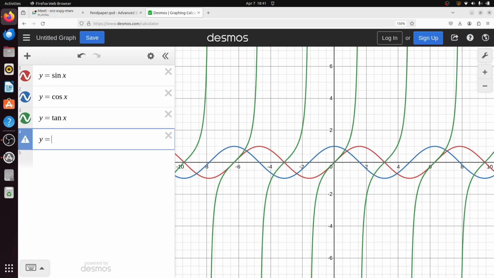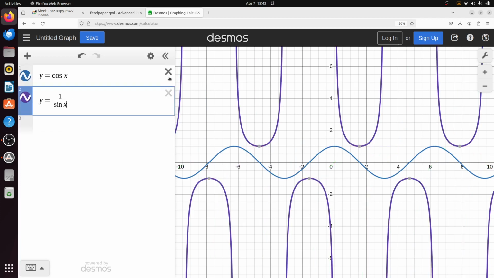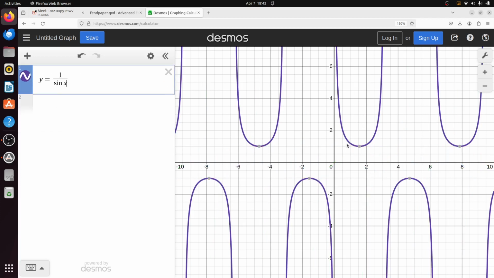Y equal to cosec x. Oh, sorry, y equal to 1 by sin x. This is the graph of y equal to sin x, and this is the graph of 1 by sin x, that is cosec x.